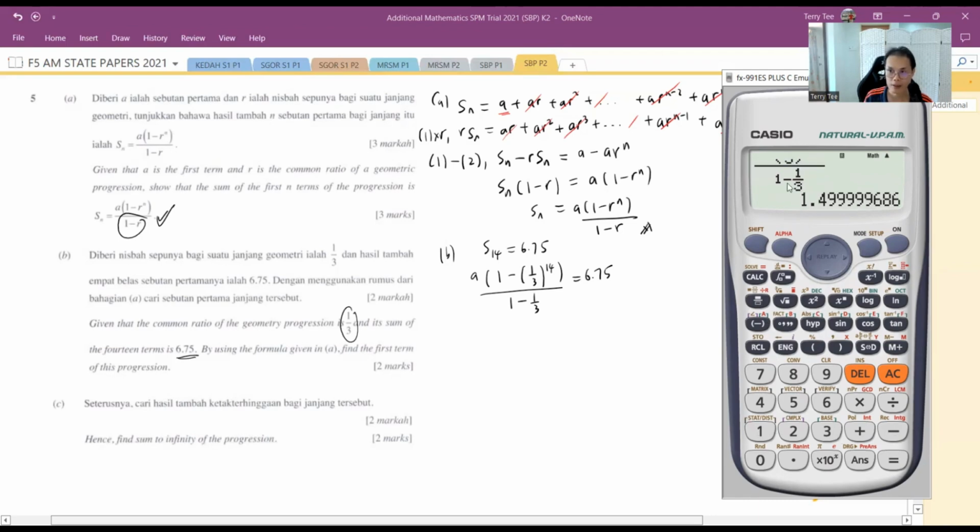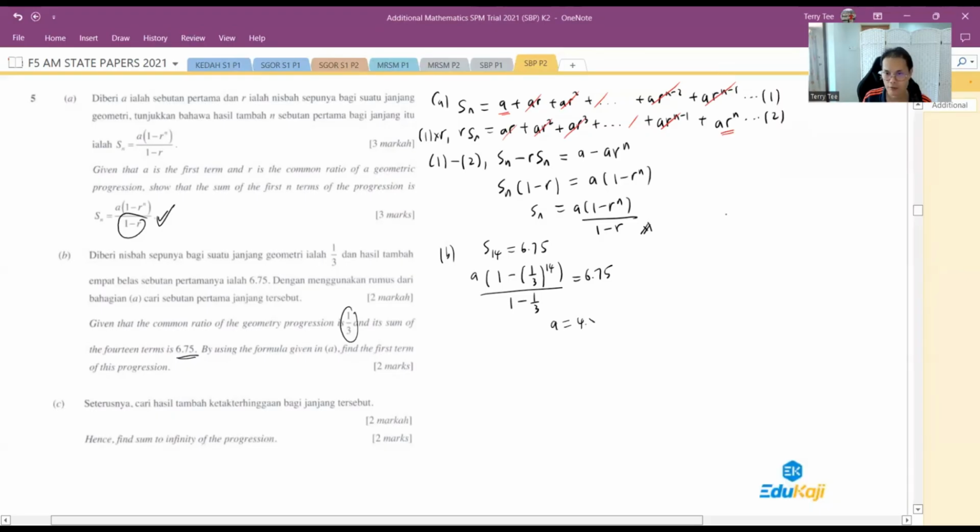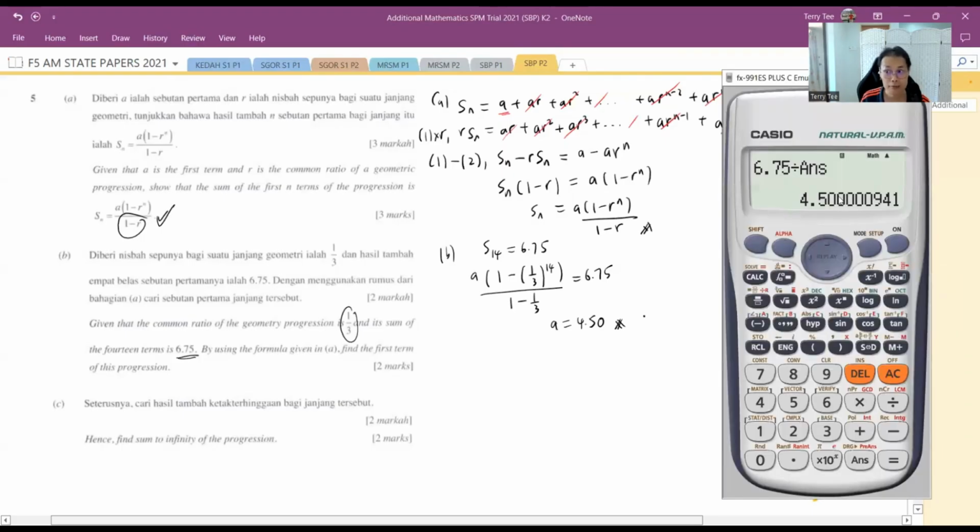Okay, so whatever I get here, 1.49999, I take 6.75 divided by the answer. Okay, my A is approximately 4.5, 4.5000. I will just take 4.5, or you can write 4.50. In fact, it's 4.500, but if they are all zeros, you don't have to write them. It doesn't matter, right? Or you can just write 4.5.